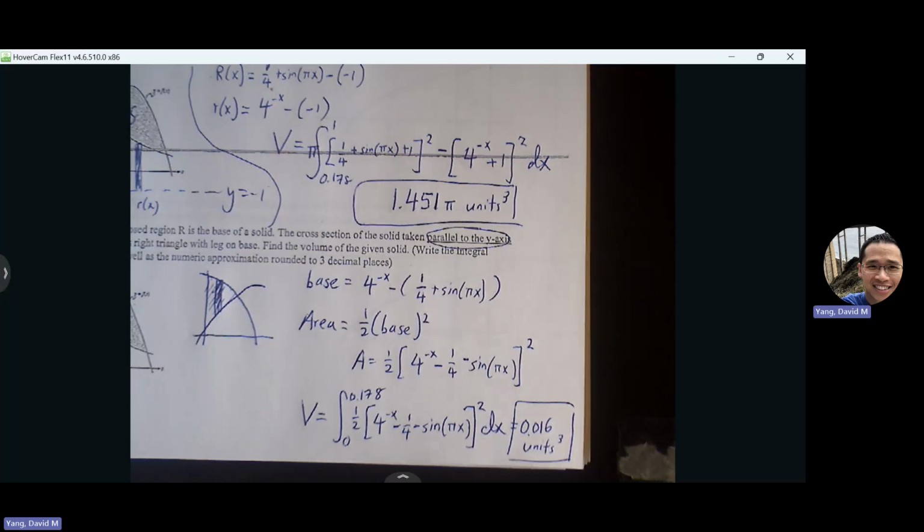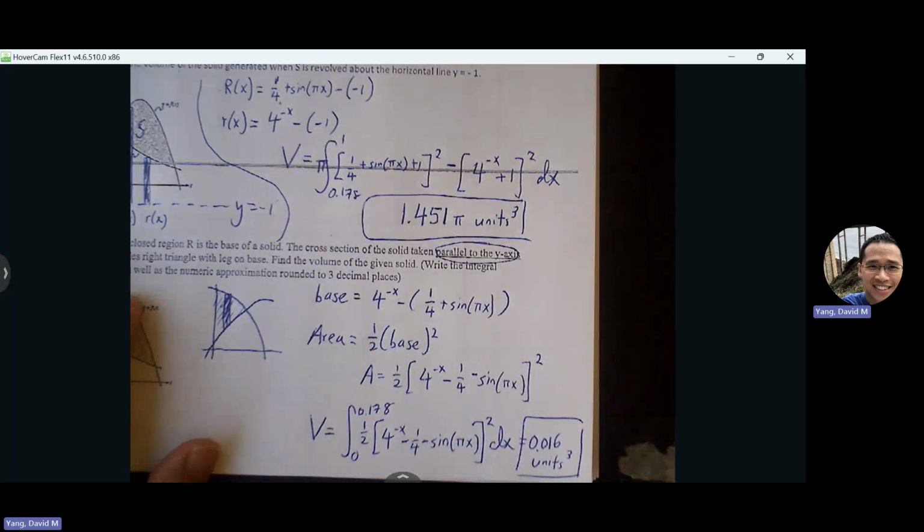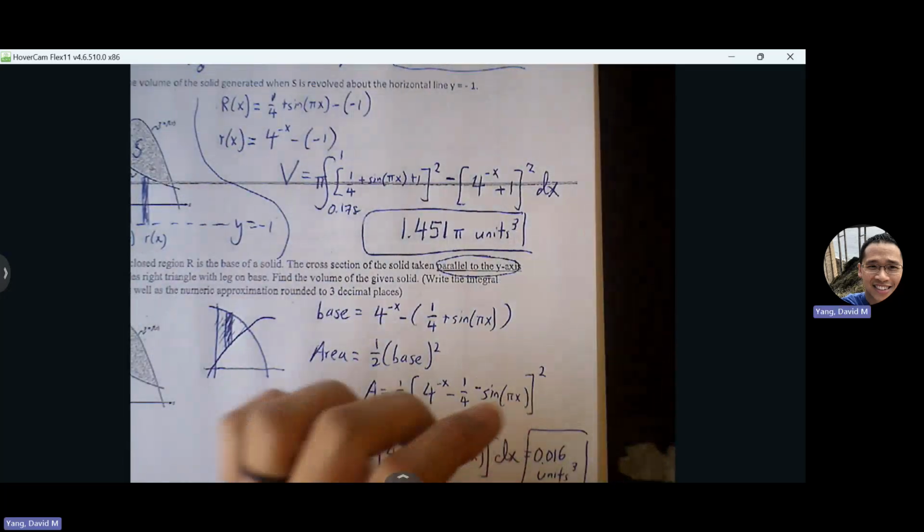Okay, let's move into page 4. I'll be checking your homework, just pages 3 and 4. I think we can get through most, if not all of it, before the end of class.